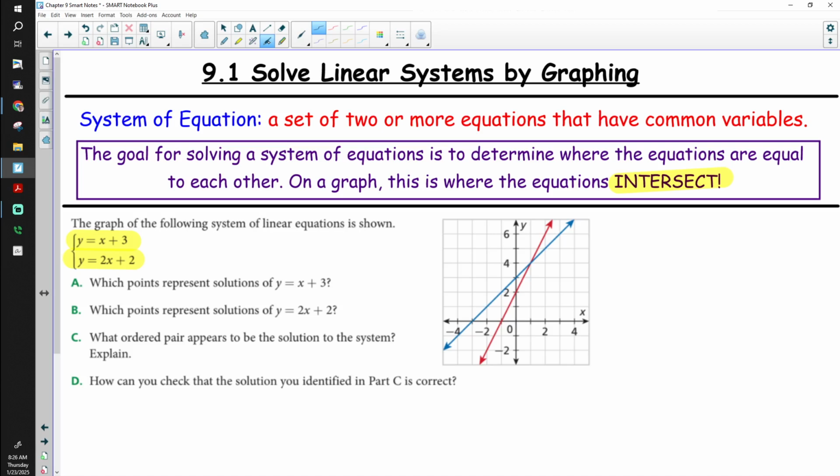Which one's crossing at y equals 3, blue or red? Isn't it the blue? See how the blue goes through 3? So A, this is our blue line, which means 2x plus 2 must be our red line.